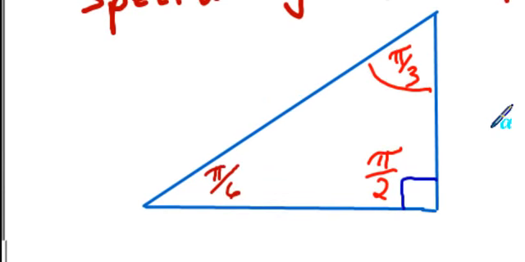Now think about this. From our previous unit, we've actually encountered these before. When we solved this problem using degrees in the earlier section, we know that pi over 6 is equivalent to 30 degrees, this is equivalent to 60 degrees, and this is obviously equivalent to 90 degrees.